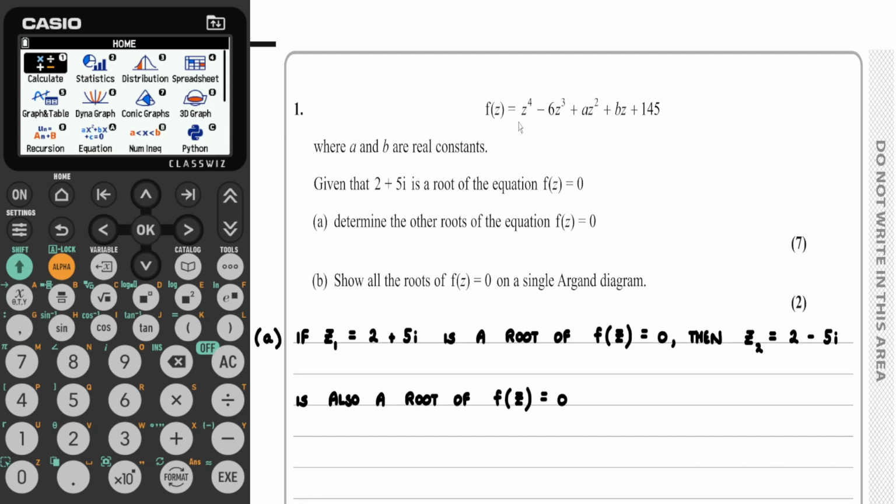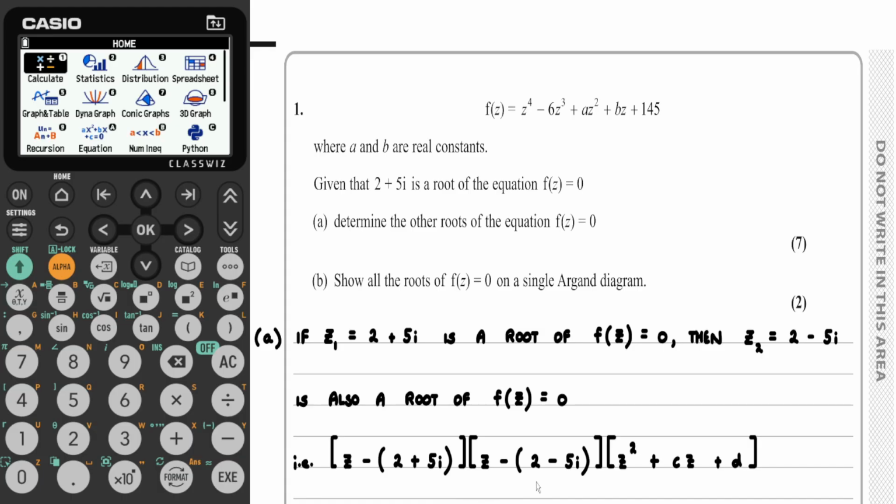So we can rewrite f of z equals 0 as follows. We've got z subtract the root 2 plus 5i multiplied by z subtract the other root 2 subtract 5i, and we need to multiply this by a quadratic z squared plus cz plus d, and we set this equal to 0.